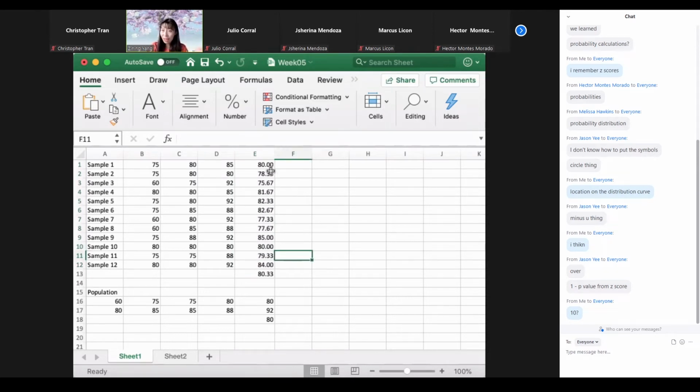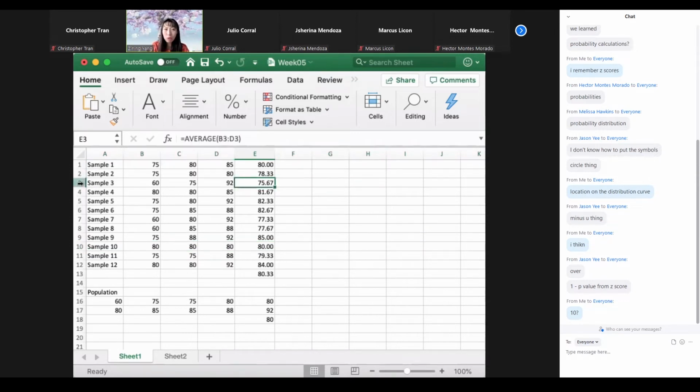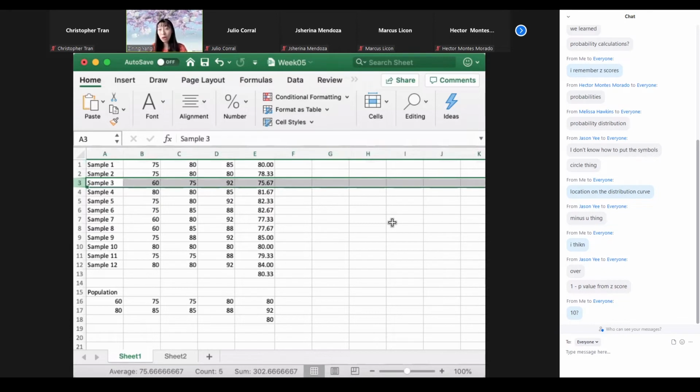If you got lucky, you got sample 1 or sample 10, you do a very precise estimation. But there are also situations where you don't get so lucky, right? If your sample is like sample 3, you are going to conclude, oh, students are performing at the C level.